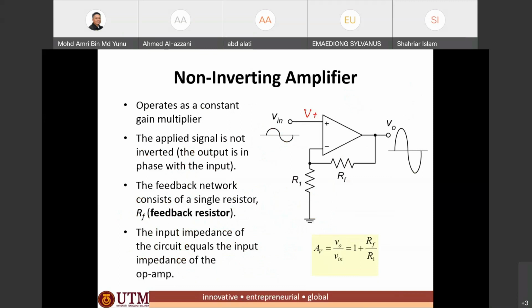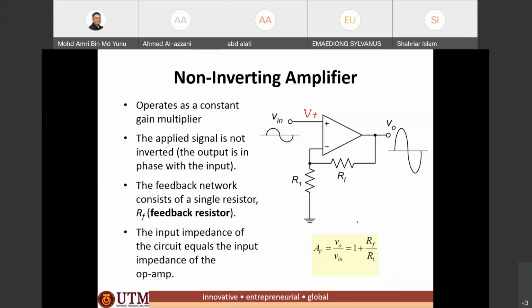All right, then we have another type or function of amplifier, the non-inverting amplifier. It operates as a constant gain multiplier. In this combination, V in will be in phase with V out, but V in will be amplified by 1 plus RF over R1.